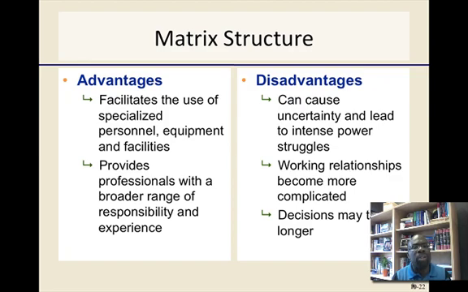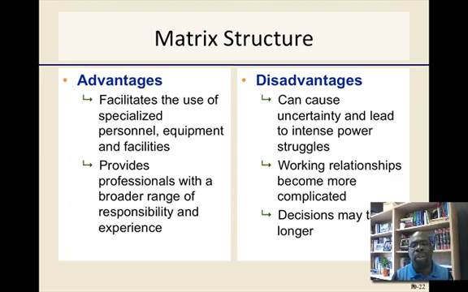Advantages include the use of specialized personnel, equipment, and facilities, and also providing professionals with a broader range of responsibilities and experience. But disadvantages include causing uncertainty and leading to intense power struggles. In other words, if you are reporting to your functional boss, your product boss, and your geographic boss, whose decisions do you take, or whose orders do you really take?